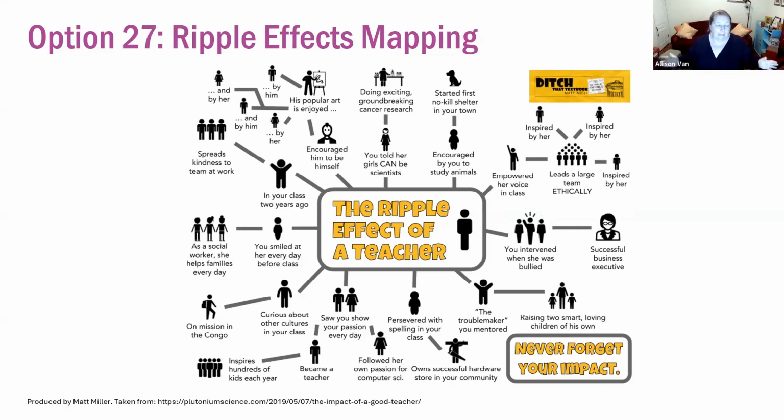Maybe there's an intervention with youth, and the indirect effects are actually much more significant in the mind of the organization than the direct effects. Well, this is a really good way of highlighting the sheer volume of indirect effects from the direct effects. And depending on what the intervention is, I have seen ripple effects maps that go 5, 6 levels out and can make credible cases with evidence for each link within these chains.